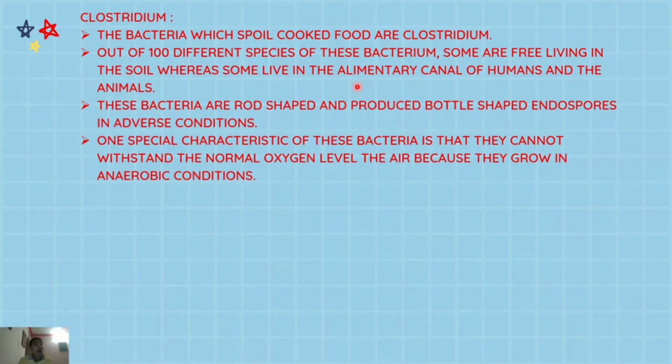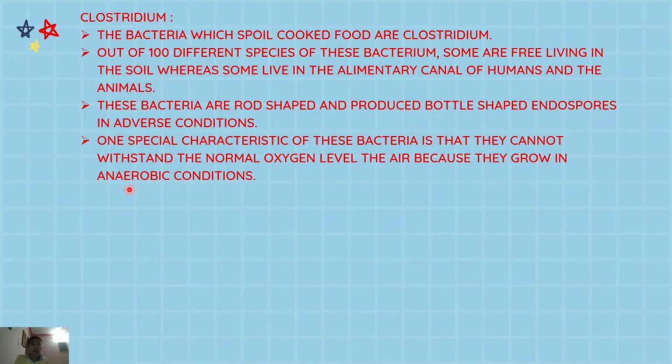Now, one special characteristic of these bacteria is that they cannot withstand the normal oxygen level, the air, because they grow in anaerobic conditions. This bacteria Clostridium is not going to survive in the presence of normal oxygen, that means in the presence of air, because all the microorganisms which belong to this class Clostridium are anaerobic in nature.